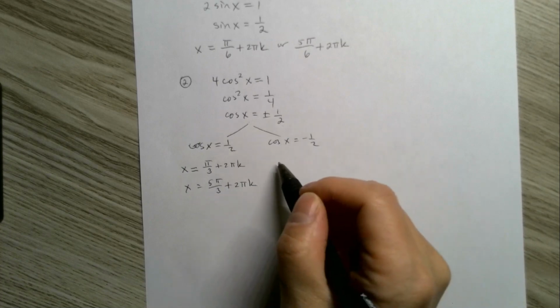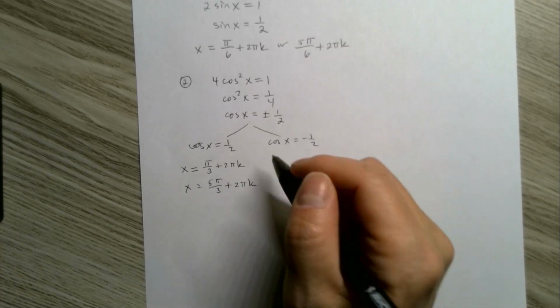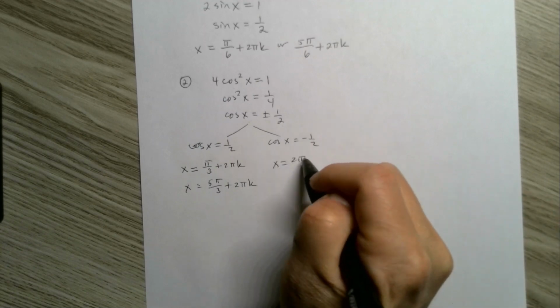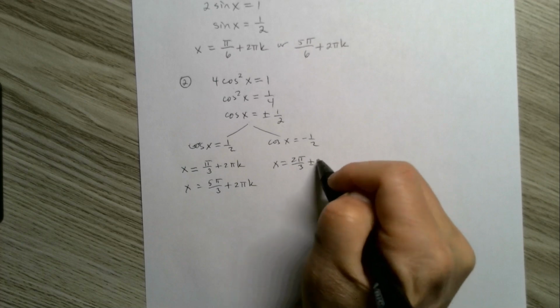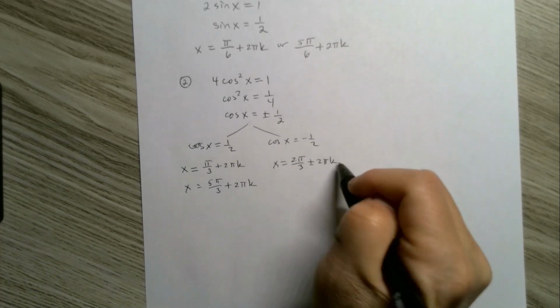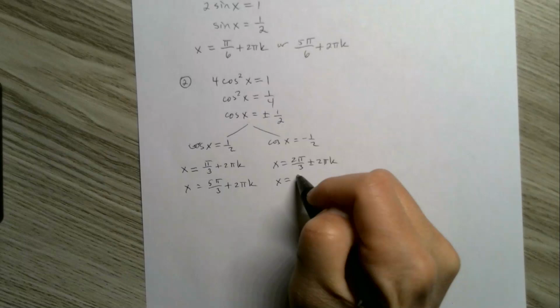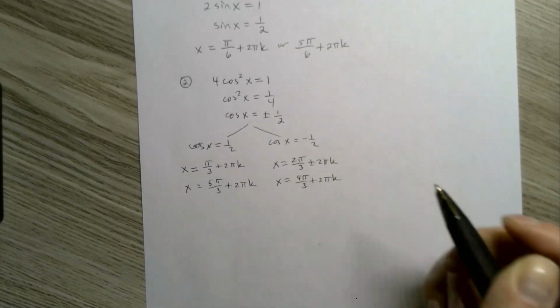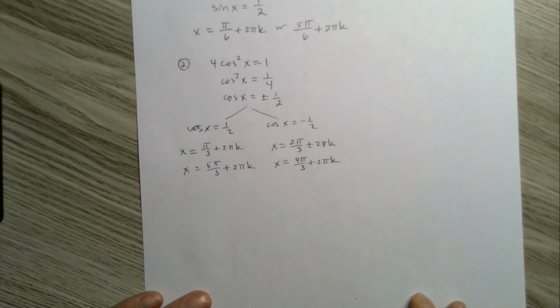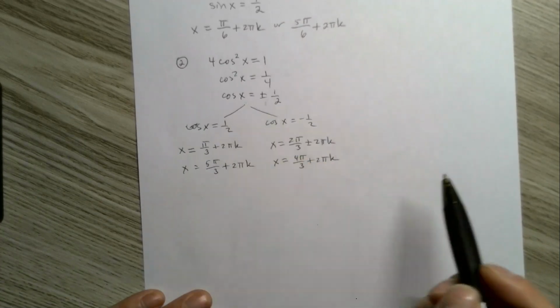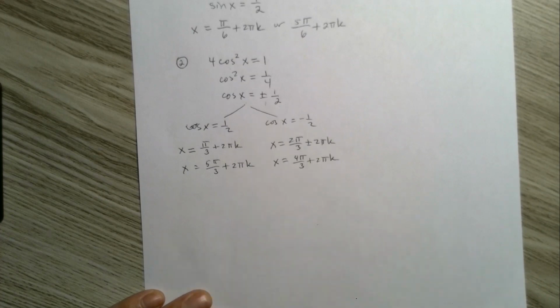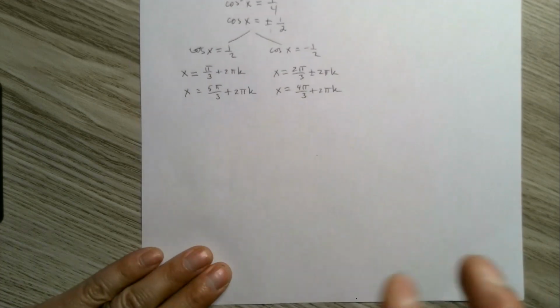And then if the cosine of x is negative 1/2, I have 2 other groups, 2 pi over 3 plus 2 pi k, and 4 pi over 3 plus 2 pi k. Okay, so don't forget that plus or minus, because if you forgot it, you would have lost 50% of your solution set. Okay, moving on.